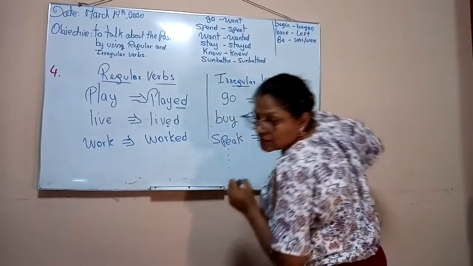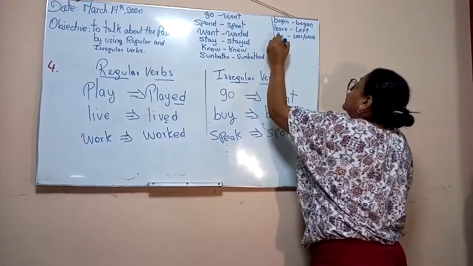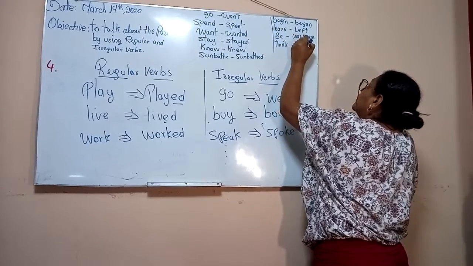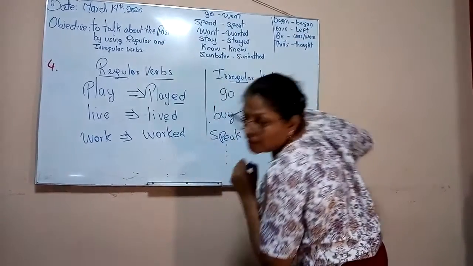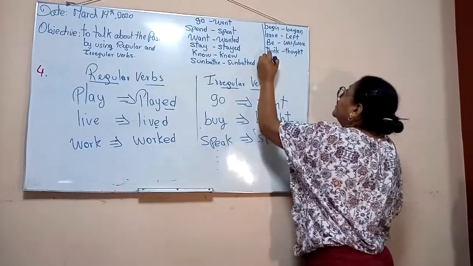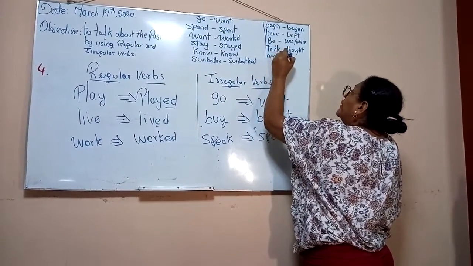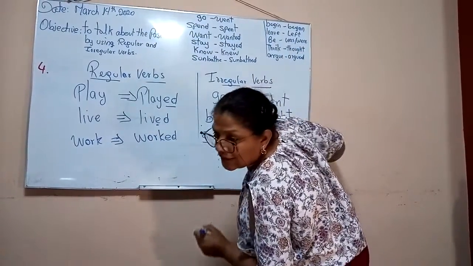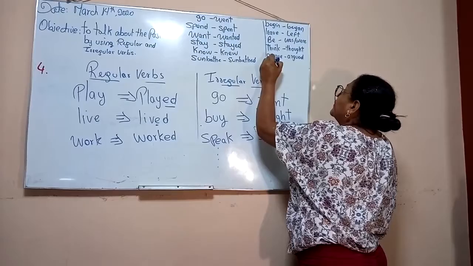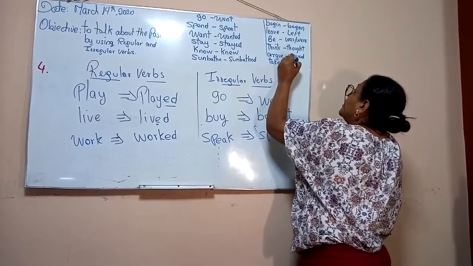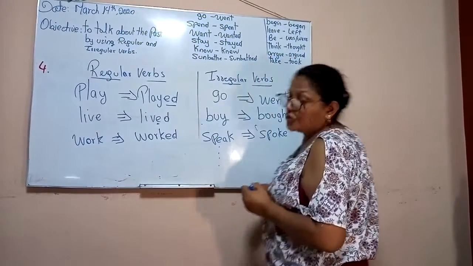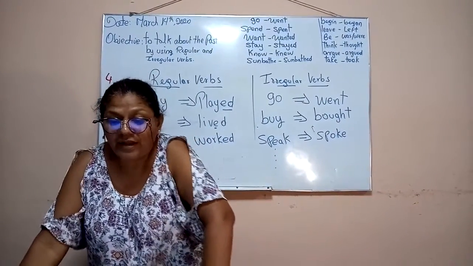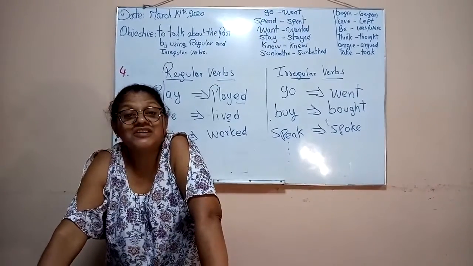Think, thought. And then continue with argue. It's a regular verb, argued. And take. The simple past is took. And those are the answers for exercise number 4 for the past simple of these verbs.